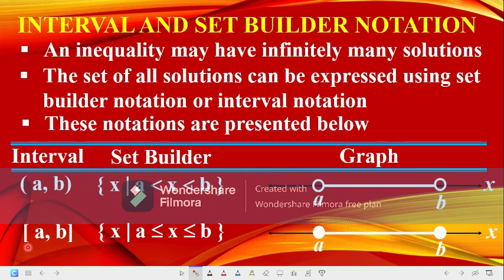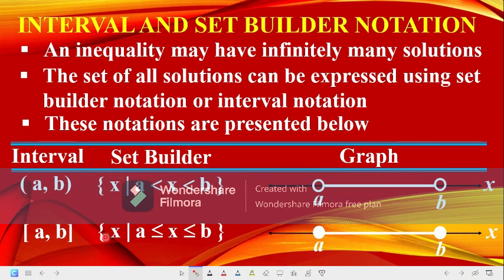The open square bracket means a is included and b here also is included, meaning the solution set of this graph is from a to b and all the points in between.